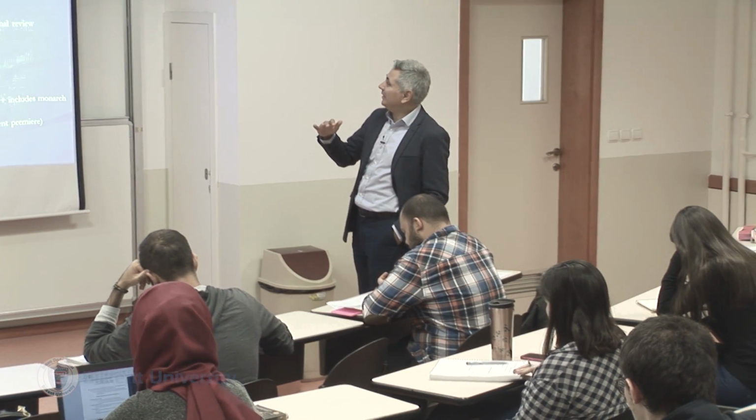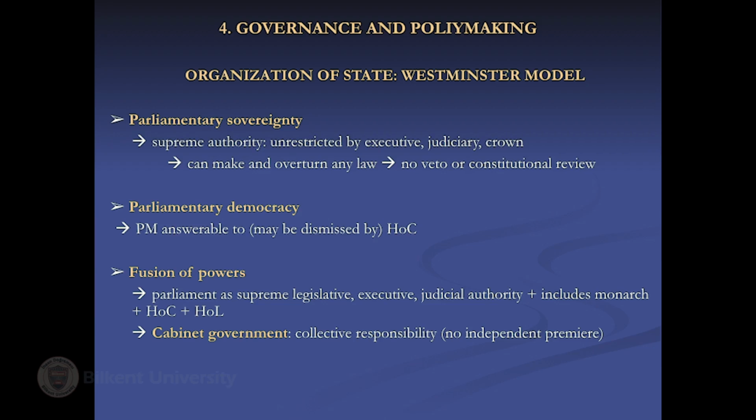A third element of the Westminster model is cabinet government, which has something to do with fusion of powers. By fusion of powers, we mean the Parliament is the supreme organ of the state because it monopolizes legislative powers. It shares executive powers. It also shares judicial authority.